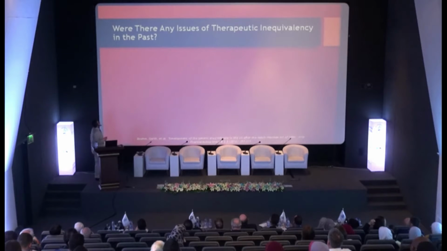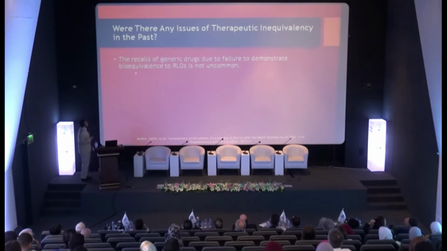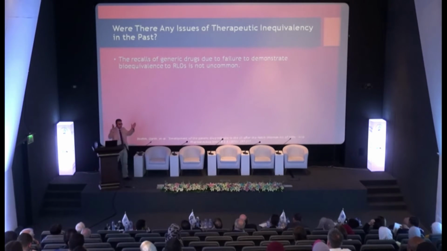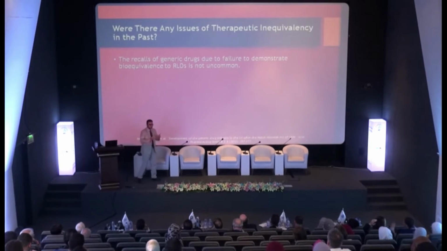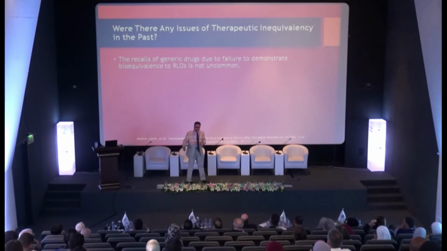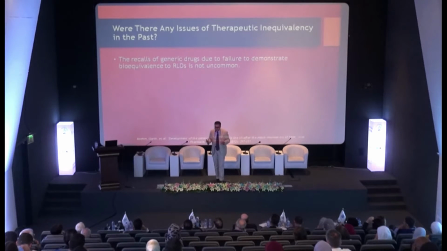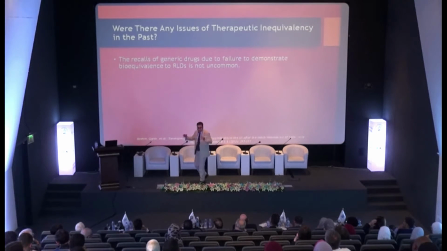All right. Were there any issues of therapeutic inequivalency in the past? Very good. Recalls of generic drugs due to failure to demonstrate bioequivalence to RLDs are not uncommon. Our experts in the US FDA recall the generic scandals between 1984 and 1989, when ethical issues with some employees at the US FDA resulted in the Generic Drug Enforcement Act, I think in 1989, and in a crackdown on a lot of generics.